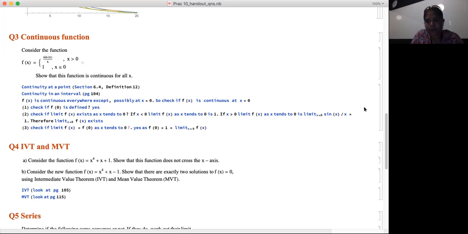Okay, I'll give you a little bit of time to think about question 4. Intermediate value theorem and mean value theorem. What is the intermediate value theorem? What does it say?